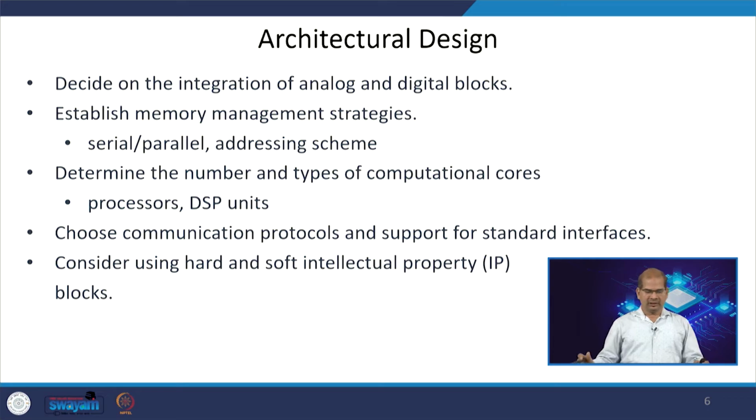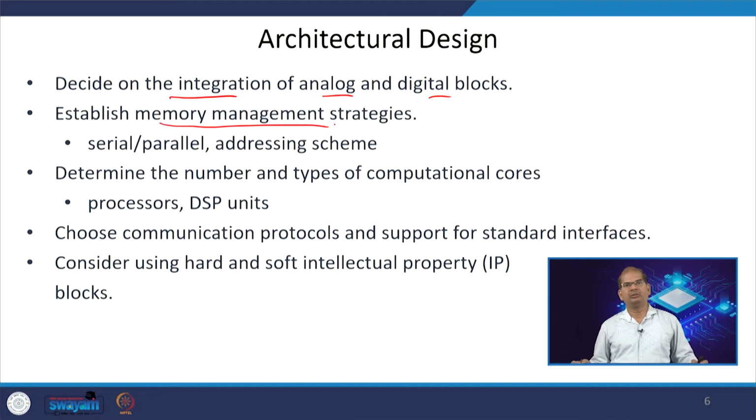The main thing here is the integration of analog and digital blocks. In your processor you also need a PLL to be integrated, because it will give a high speed clock to the processor. Besides the integration of analog and digital blocks, memory management is a crucial thing: how the memory will be managed inside the processor, the addressing scheme, and serial and parallel communication with the memory management unit.